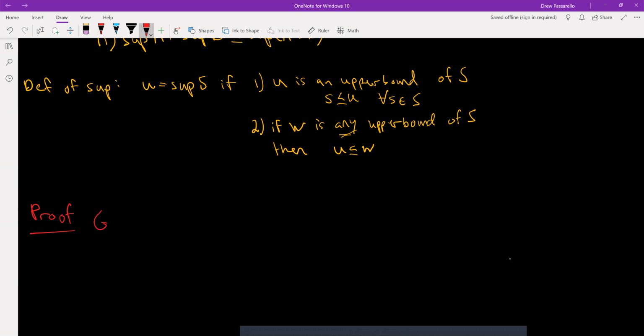All right, so given two sets A and B that are bounded above, well, since they're bounded above, we know the supremums exist. So sup of A exists, sup of B exists, since each set is bounded above in the real numbers.